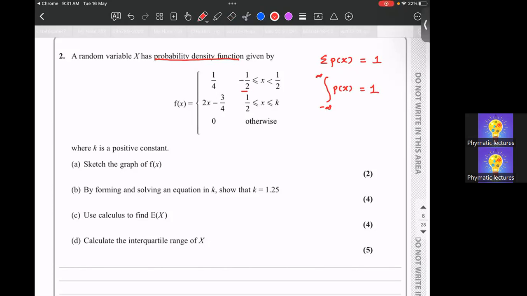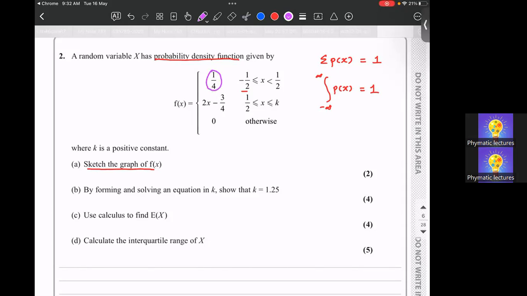Now, where k is a constant, what is our first aim? Our aim is to sketch the graph of this. It's a very simple question, because from minus 1/2 to 1/2, this is a constant.